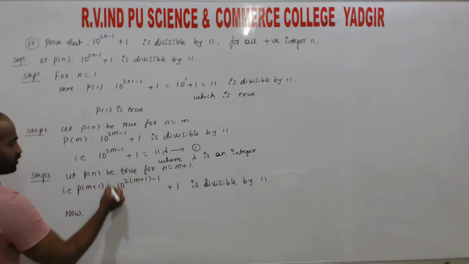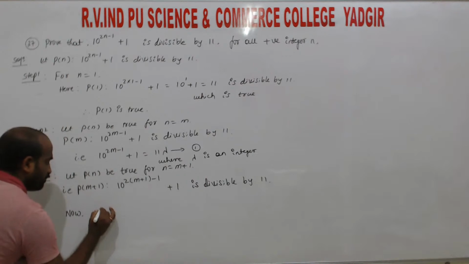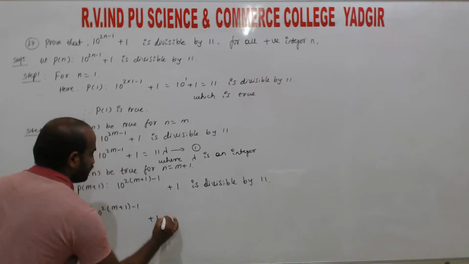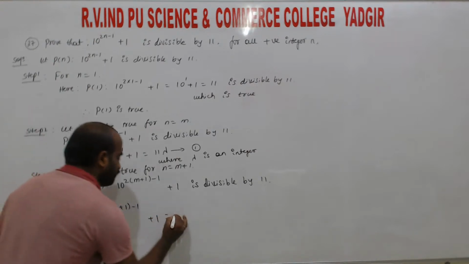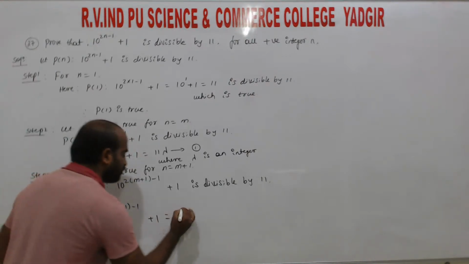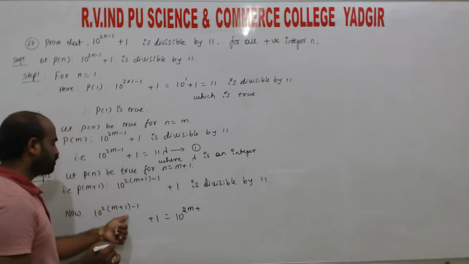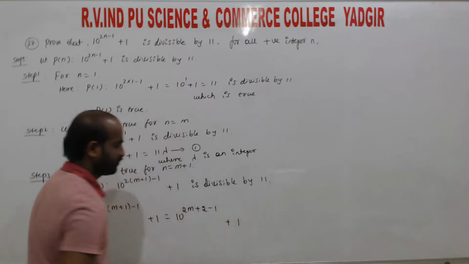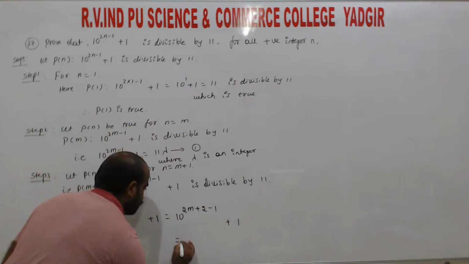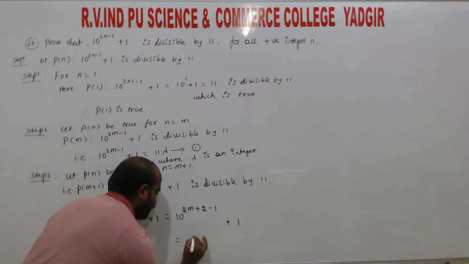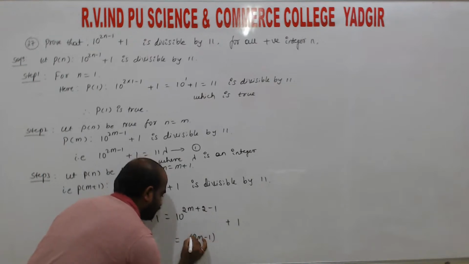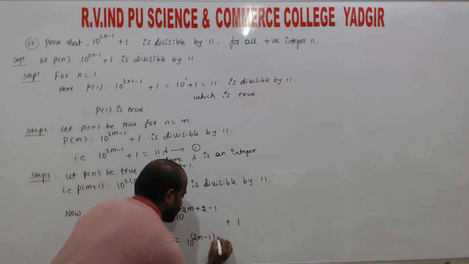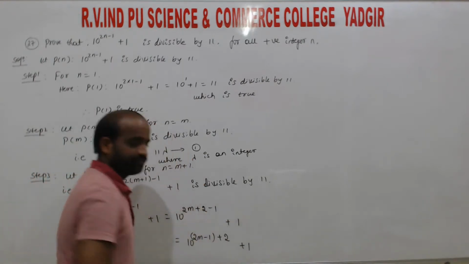Now we take 10 to the power 2 into m plus 1 minus 1, plus 1, which equals 10 to the power 2m plus 2 minus 1, plus 1. We take 10 to the power 2m minus 1 plus 2 separately, plus 1.